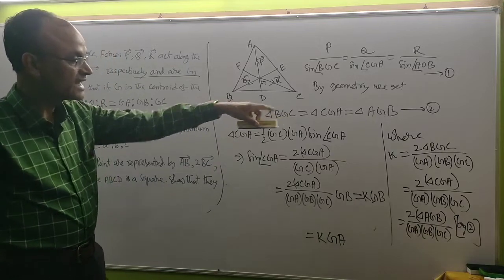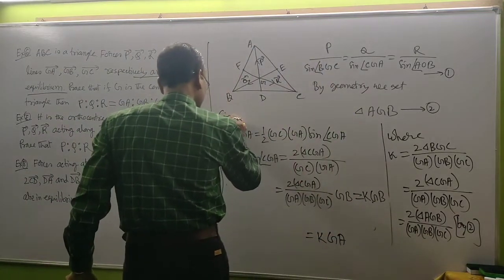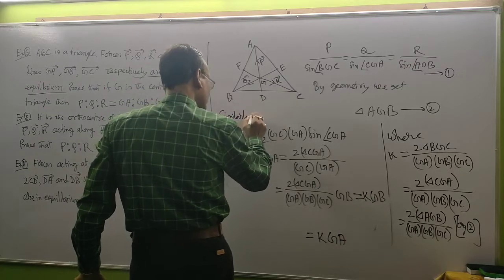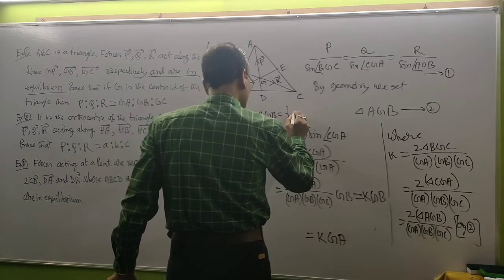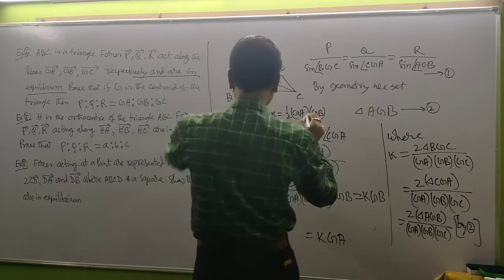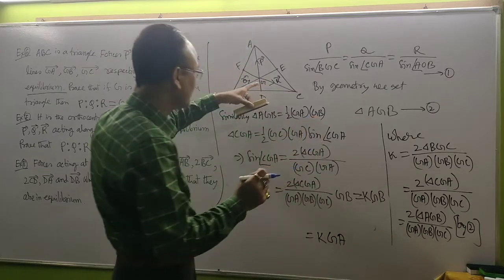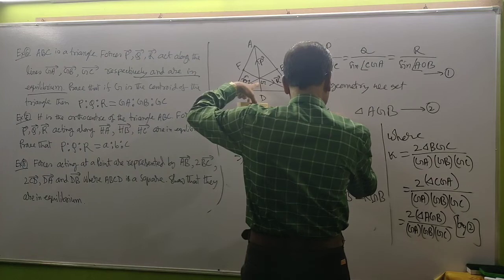Similarly, the area of the triangle AGB equals half into the product of any two sides into the sine of the included angle AGB.